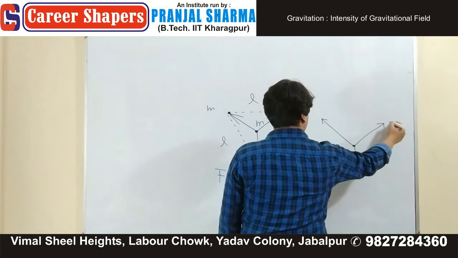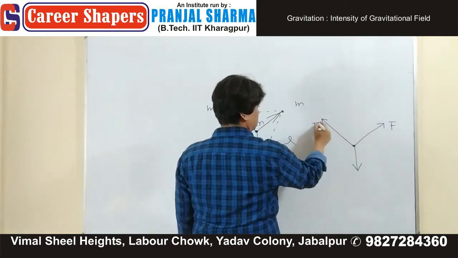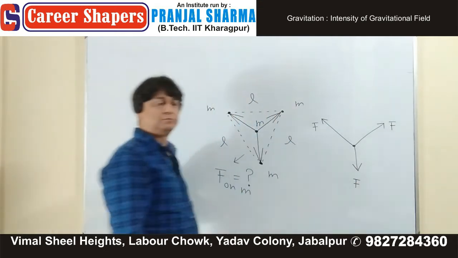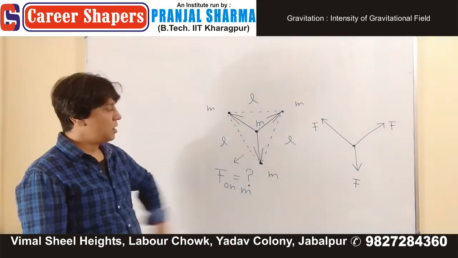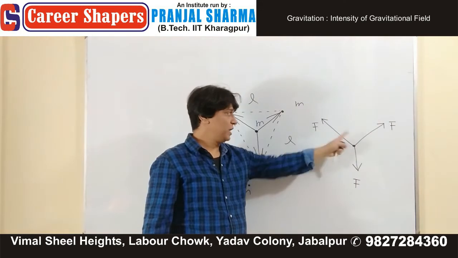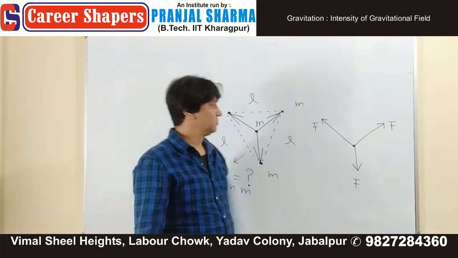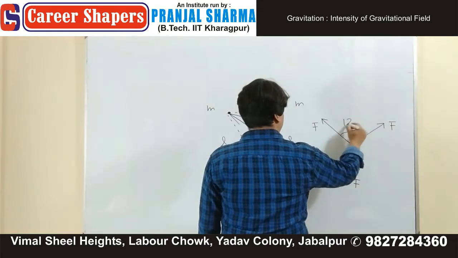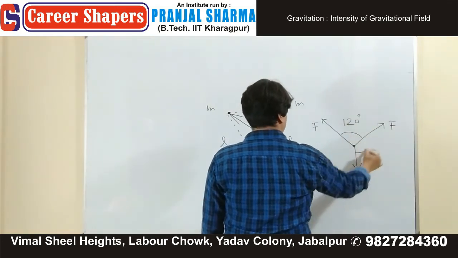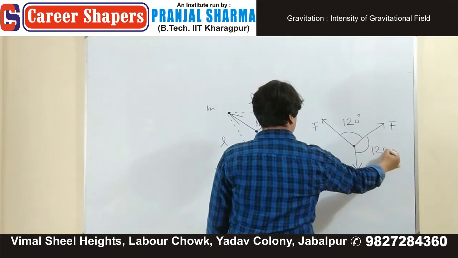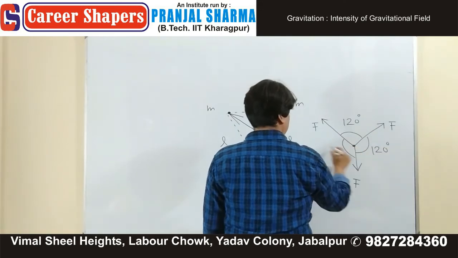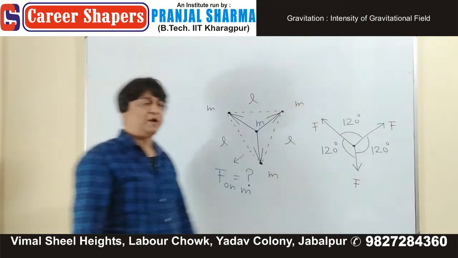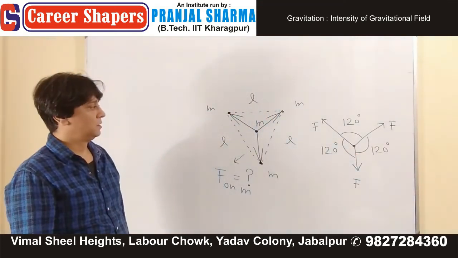We've got three vectors of the same magnitude oriented like this. Three vectors of the same magnitude. These angles are 120 degrees each.